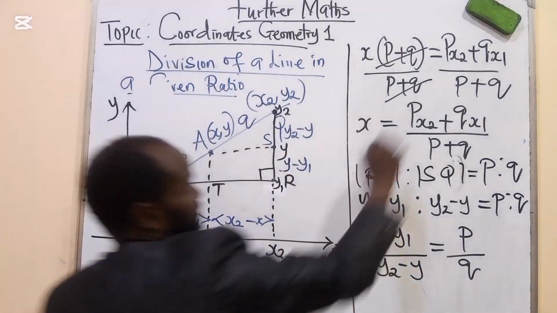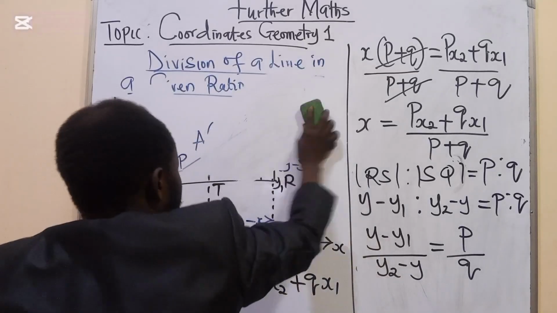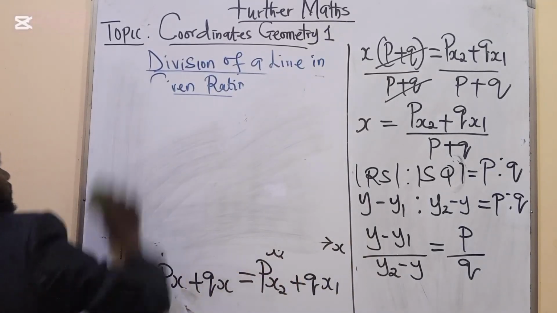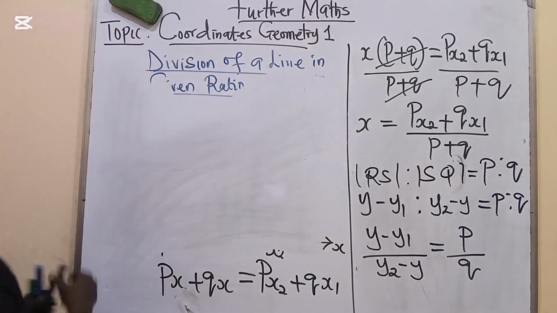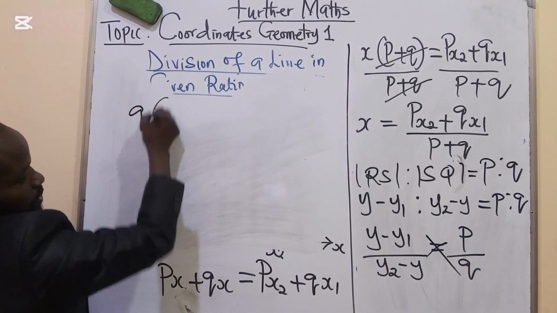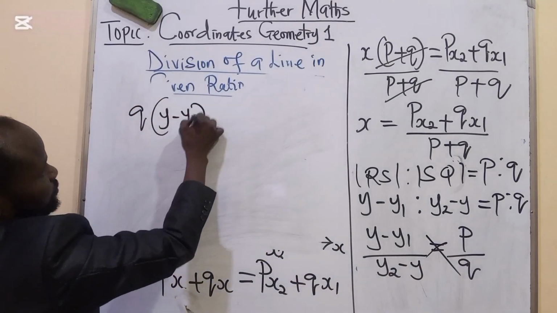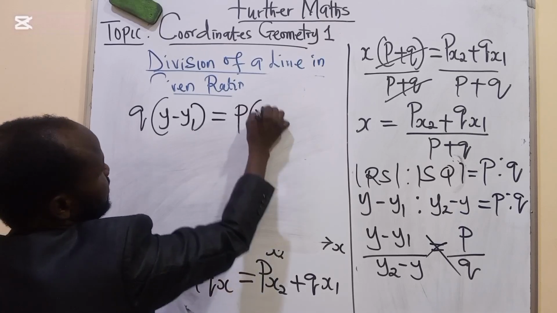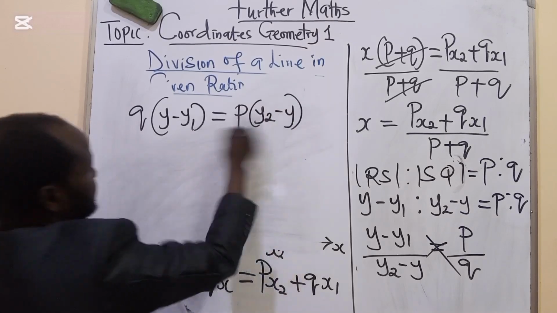Very important. We are almost there. So it means I can clean this drawing now. For the y-axis now, let's cross multiply. It will be q into y minus y1 equals p into y2 minus y. Let's clear the bracket.